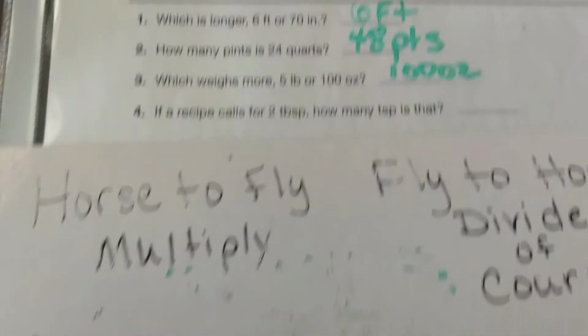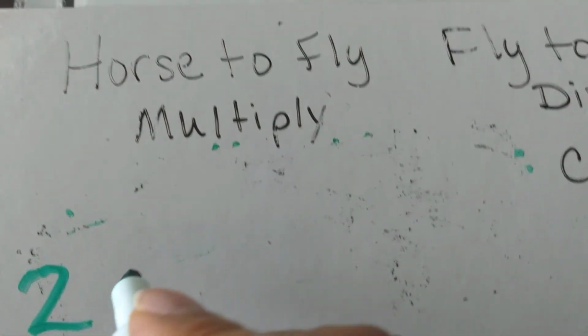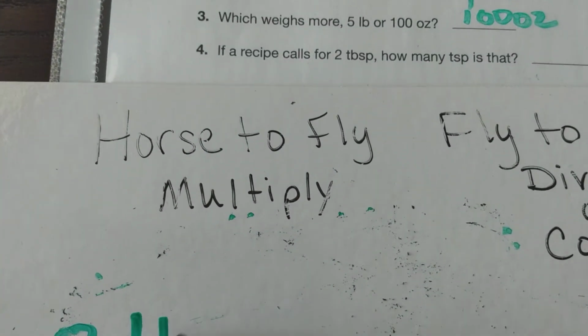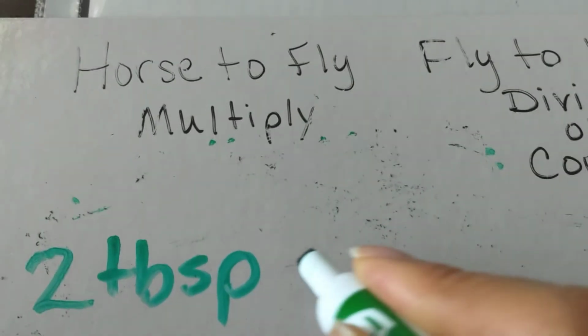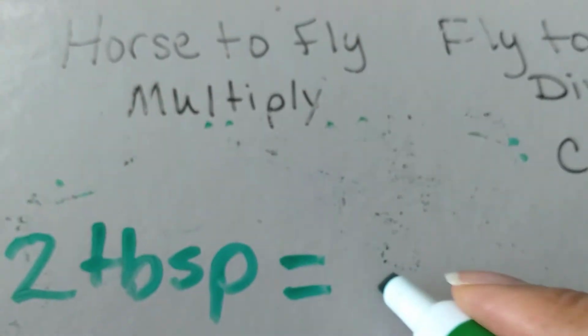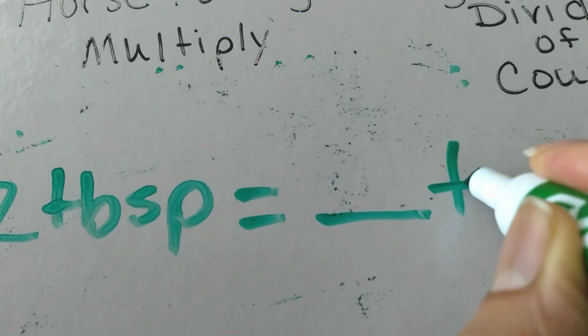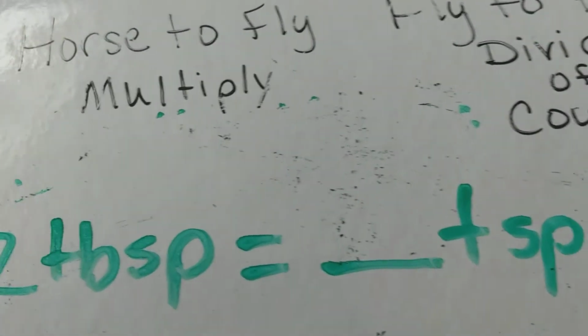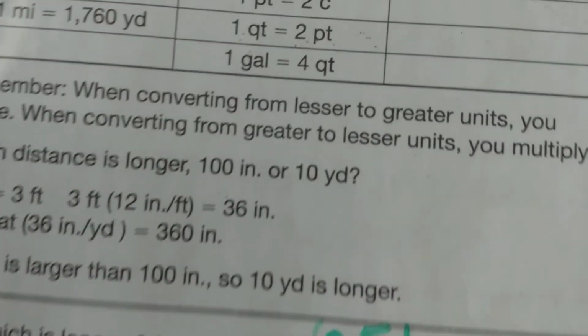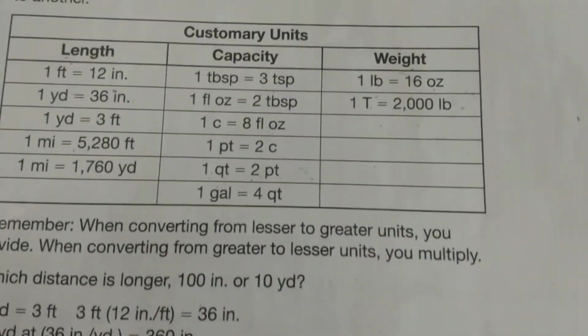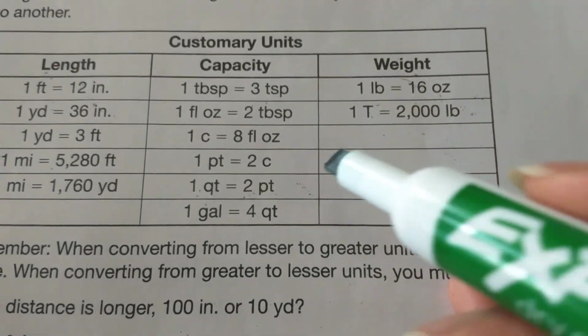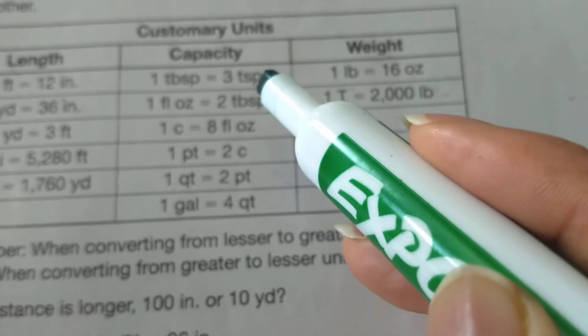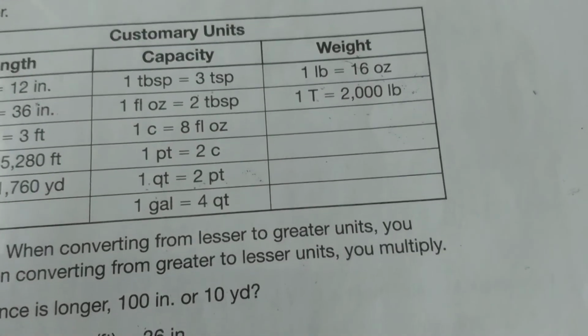So if I write it first, 2 tablespoons is equal to how many? TSP stands for teaspoons. Look at my chart. 1 tablespoon equals 3 teaspoons. So that's pretty easy.